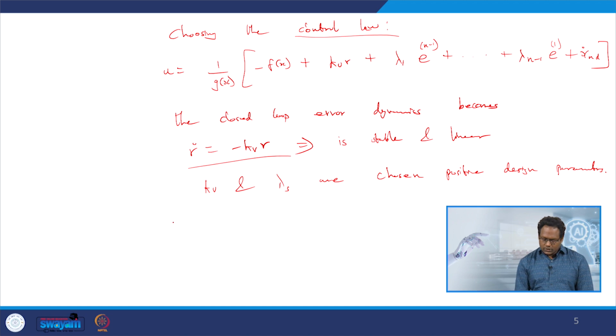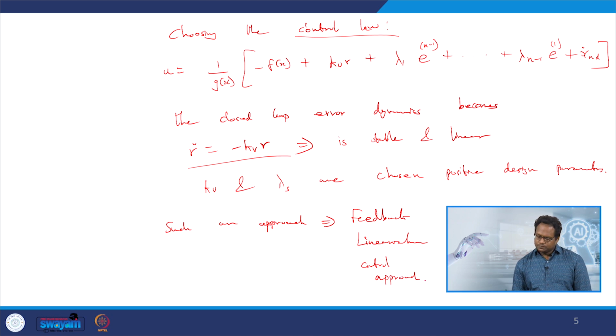And such an approach is called the feedback linearization control approach. So, this is the fundamentals of feedback linearization.